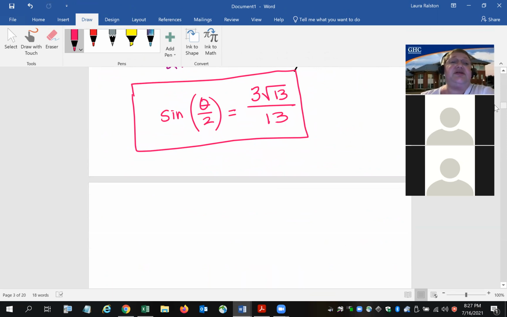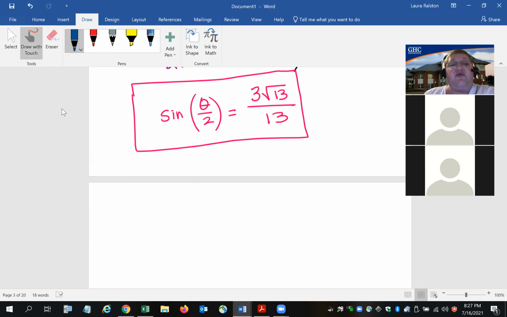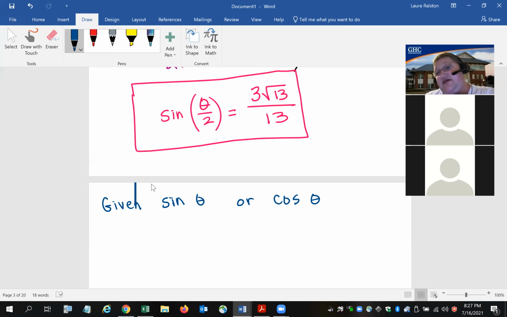I will mention, in case that's one of the pieces that you haven't caught on to, if you are given the sine of the angle, like we were in this problem, or the cosine of the angle, but you really need the other one. They gave me sine, but I needed cosine.